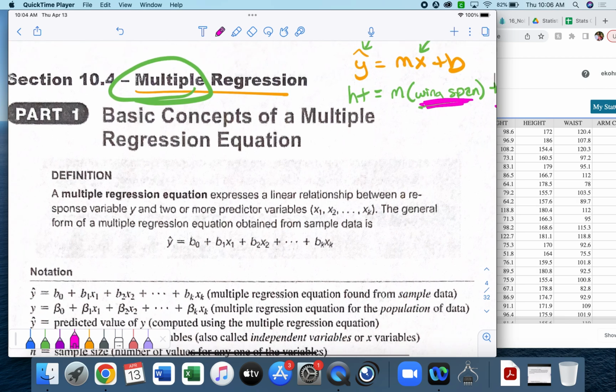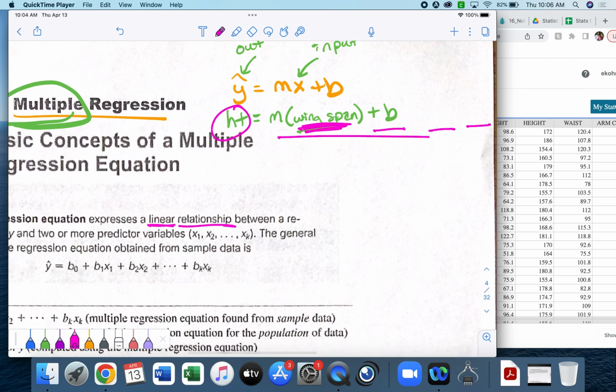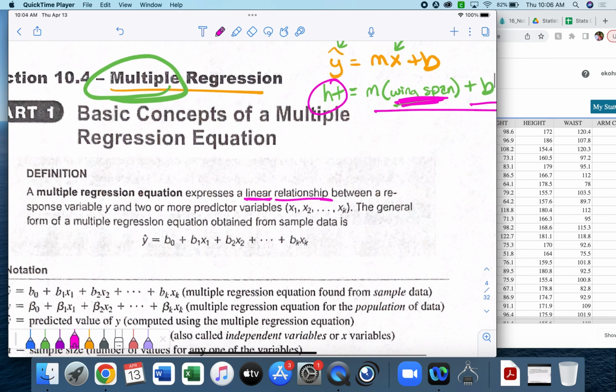So a multiple regression, if I read this definition, is still a linear function. It's a linear relationship because we still have one variable as an output, but now we have multiple variables as the input. We have 2 or more predictor variables, so 2 or more x's involved. This is what it looks like. We still call it y hat, and b naught is just like our plus b at the end.